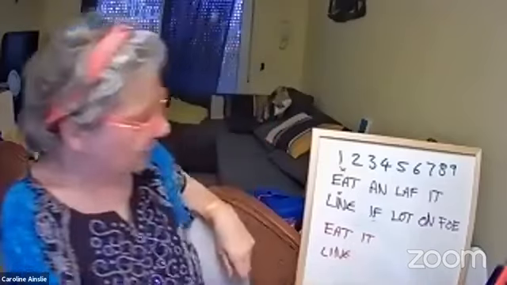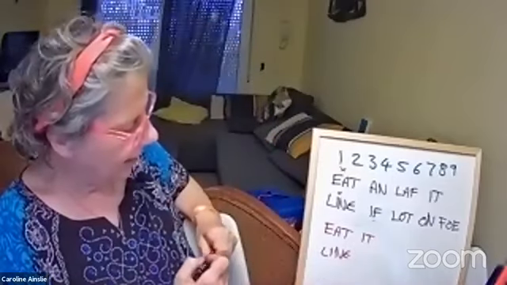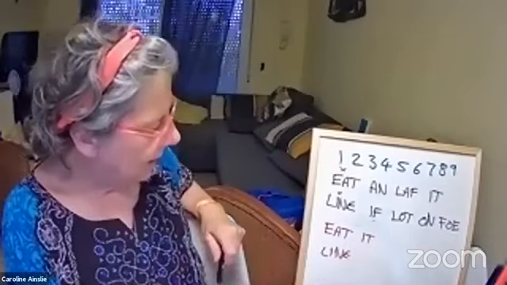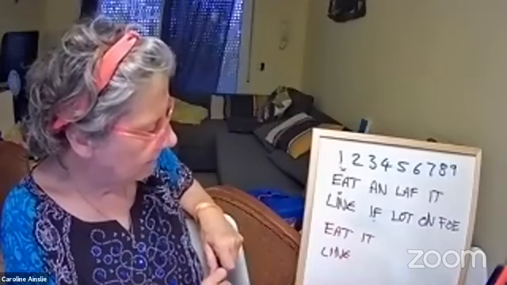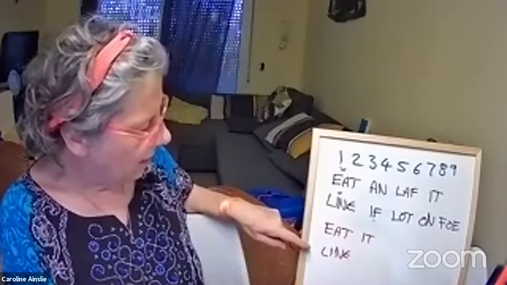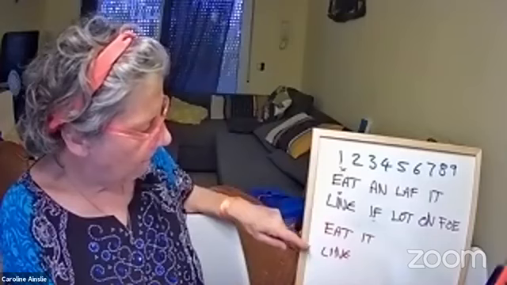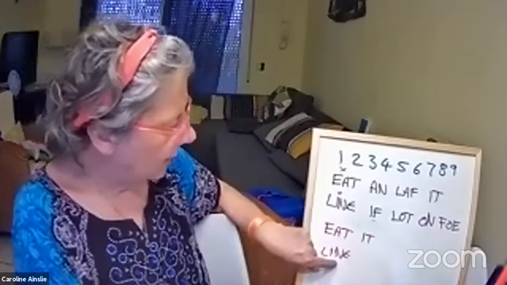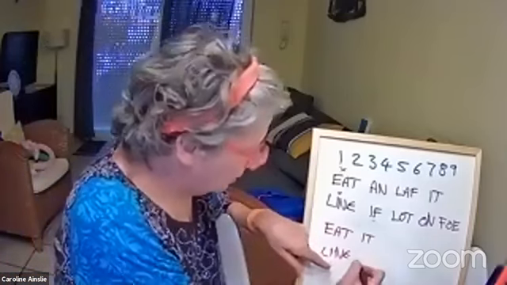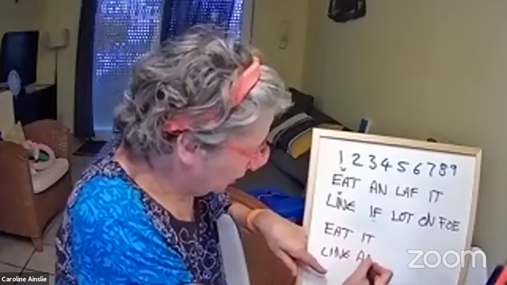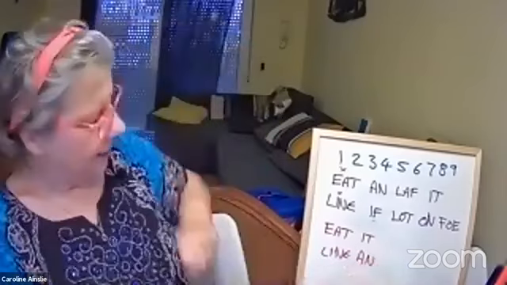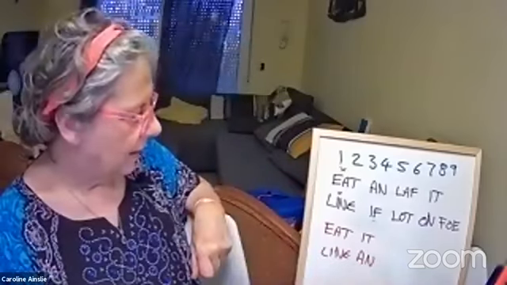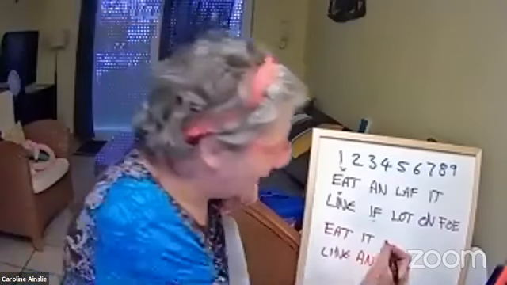Team 1 says, right, we're going to take the I out. And team 2 says, well, I want to have N in all my words, so we're going to go with Anne. And team 1 says, okie dokie.